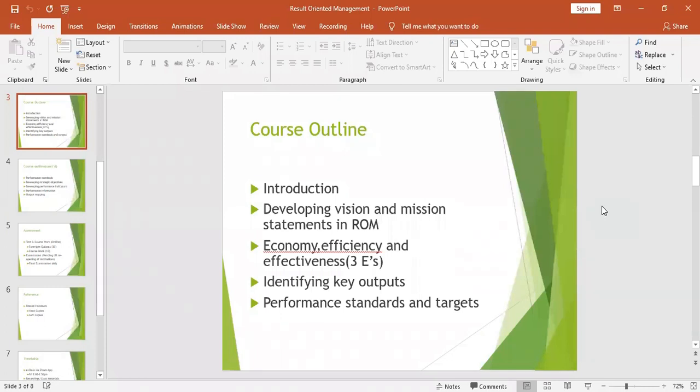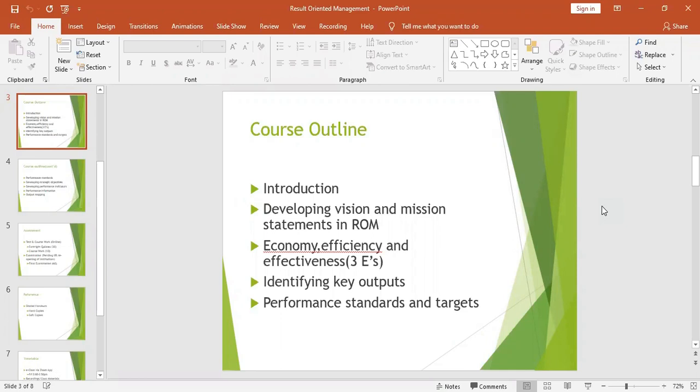Now, result-oriented management is a new phenomenon. During the past decade, there has been a considerable rethinking and new assessment of issues like quality, quantity, cost, and timing of services offered by organizations in Uganda.